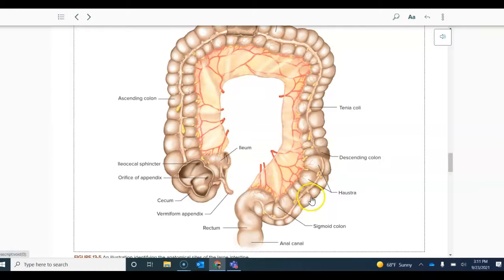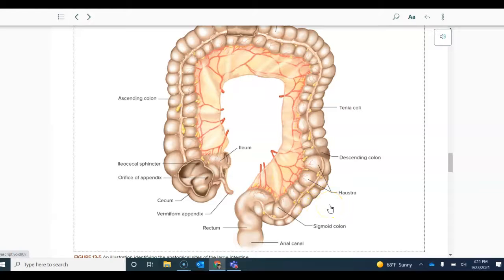Diverticulosis is the condition of having these pouches. Diverticulitis means these pouches are inflamed. And then depending on how inflamed they get, they could again protrude through that wall.